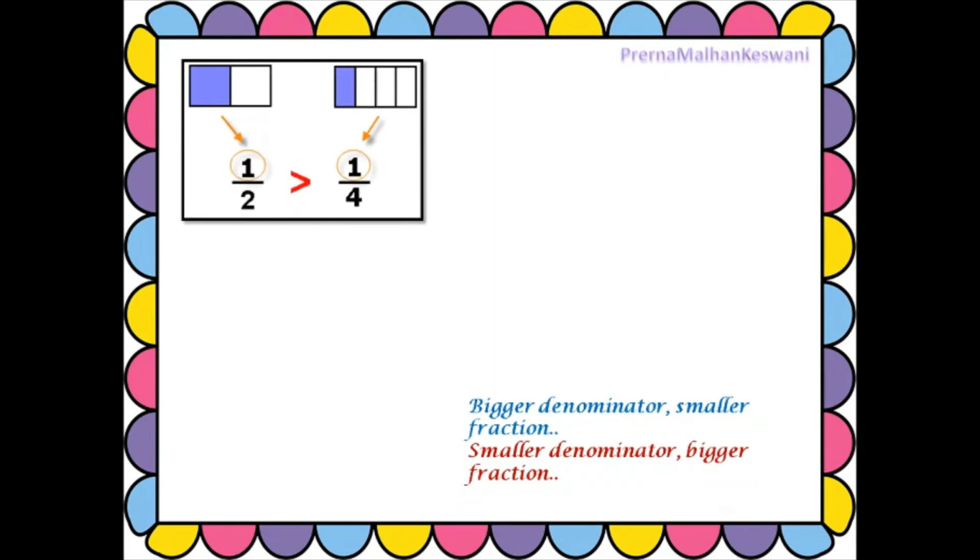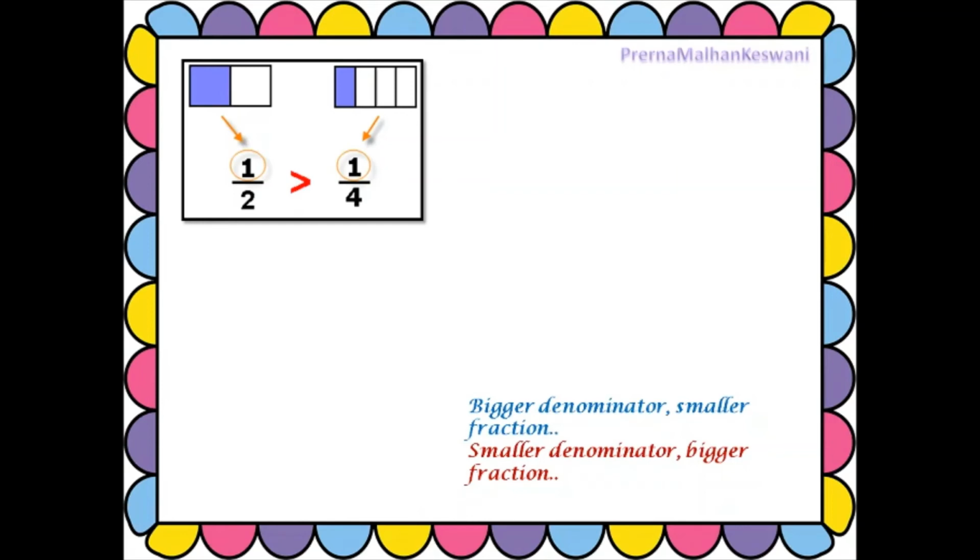Now check this out. The first picture is 1/2 and the second picture is 1/4. Here the numerators are same, but the denominators are different. But from the picture you can see that 1/2 is much greater than 1/4. The blue area in 1/2 is more than in 1/4.